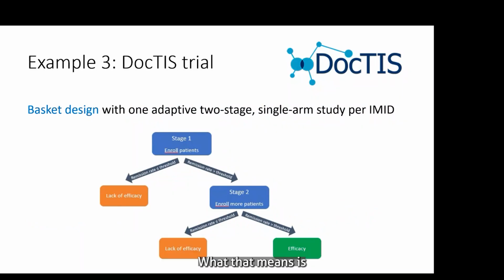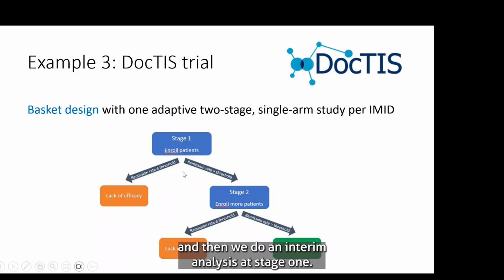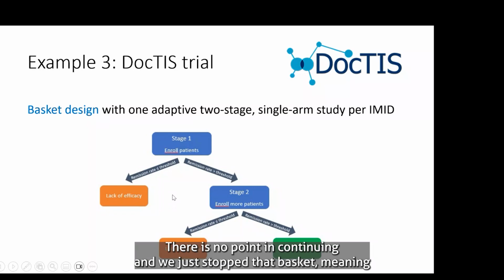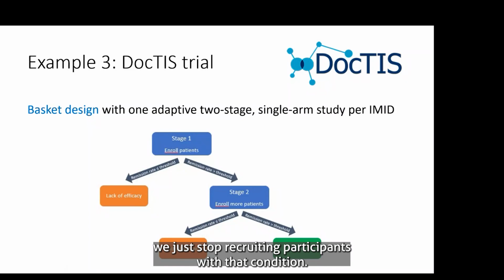What that means is we enroll patients, and then we do an interim analysis at stage 1. If the remission rate is below a statistically determined threshold, we say, okay, there's very clear lack of efficacy. There's no point in continuing. And we just stop that basket, meaning we just stop recruiting participants with that condition.